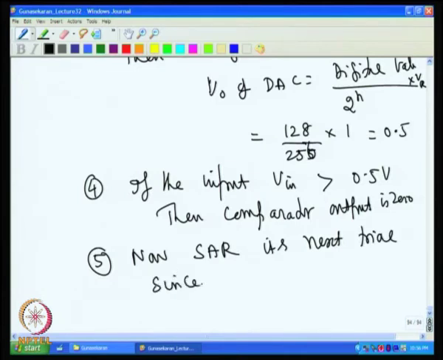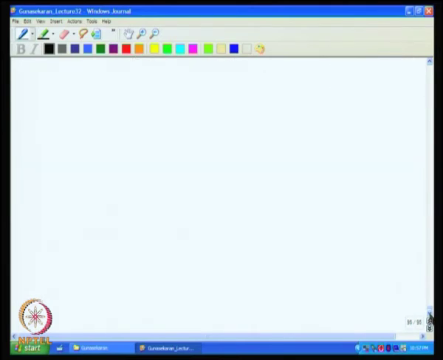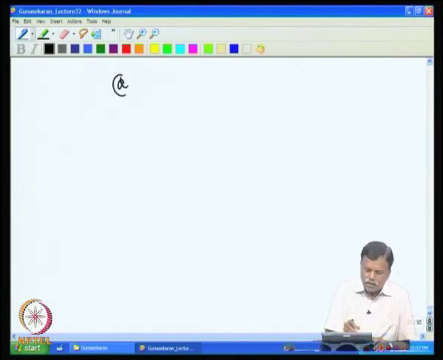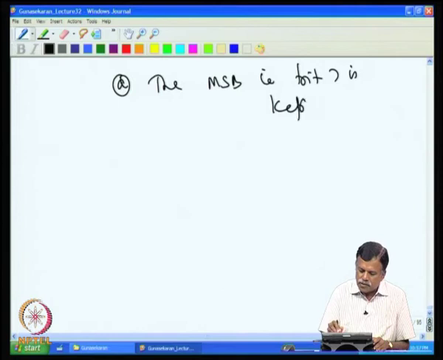Since in the previous trial there is no change in the comparator output, the MSB, that is bit 7, is kept as 1.